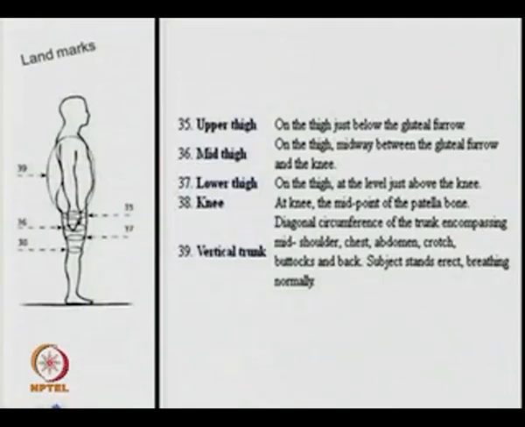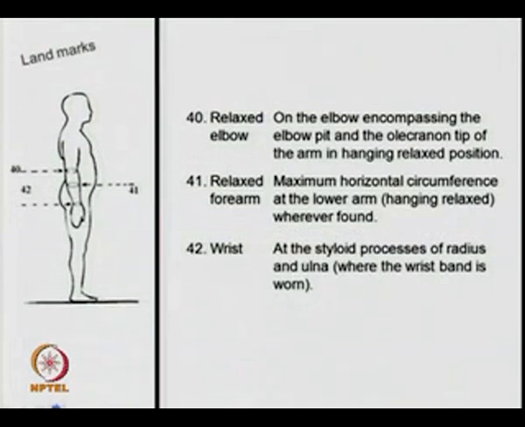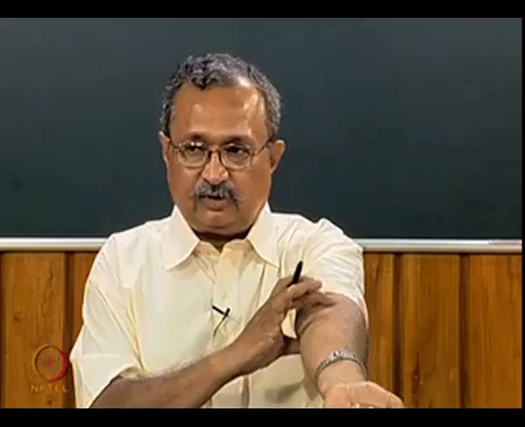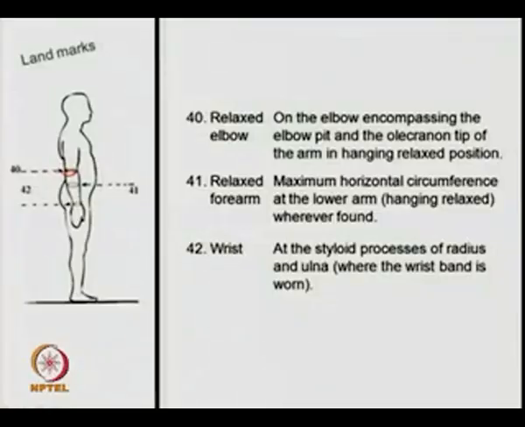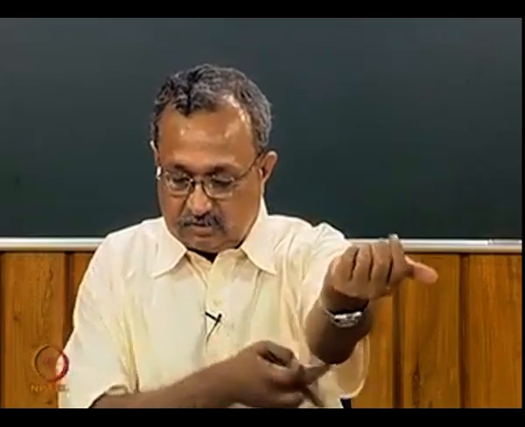Like some other landmarks, upper thigh, middle thigh, lower thigh and knee circumferences, calf and so on, all circumferences are measured. Then the relaxed elbow circumference, encompassing the elbow pit and the olecranon tip, with the arm hanging in a relaxed position.